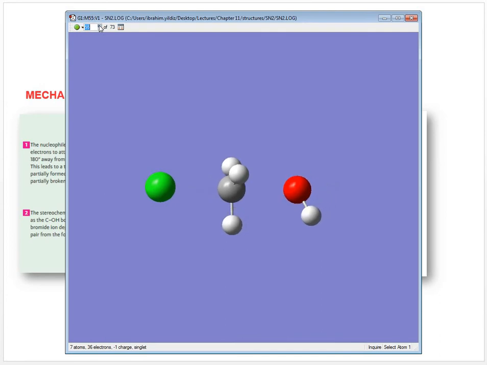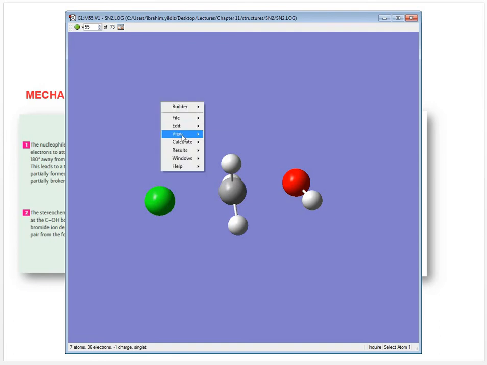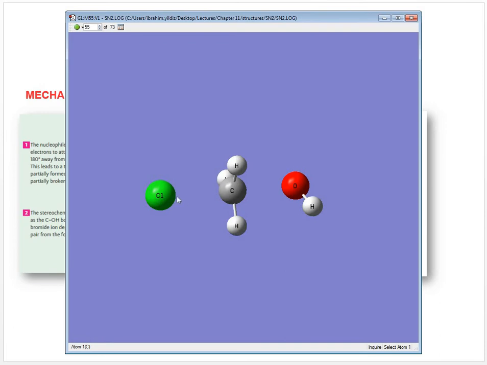This is almost a transition state. What happened in the transition state? The bond between carbon and oxygen partially formed, and the bond between carbon and chlorine, I'm going to show you the symbols also, is almost breaking, and this is the transition state.